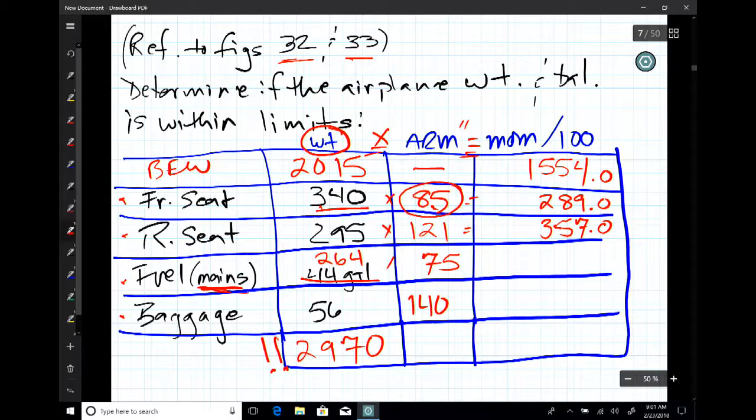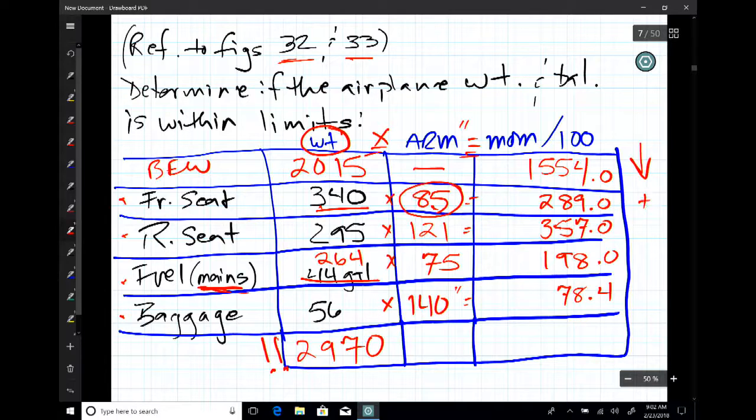Fuel, 264 times 75 inches divided by 100, 198.0. Baggage, 56 pounds times 140 inches, divided by 100, 56 times 140 divided by 100 is going to give us 78.4. Got that?